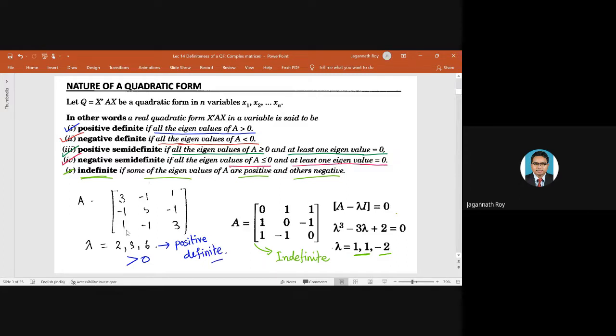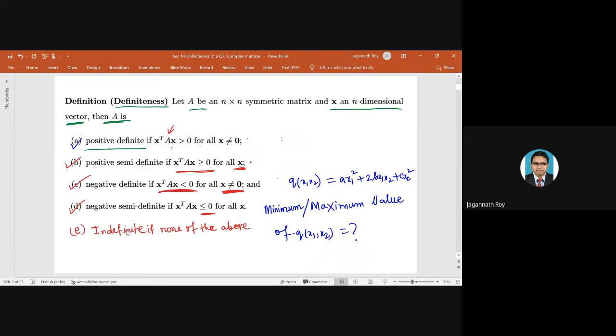Whenever we have a positive definite matrix, when we have a maximization or minimization function, it will indicate that there is a minimum point. So positive definite implies minimum.